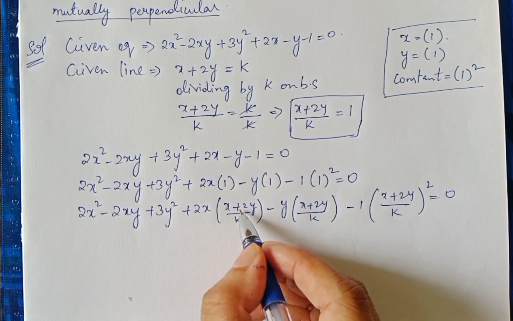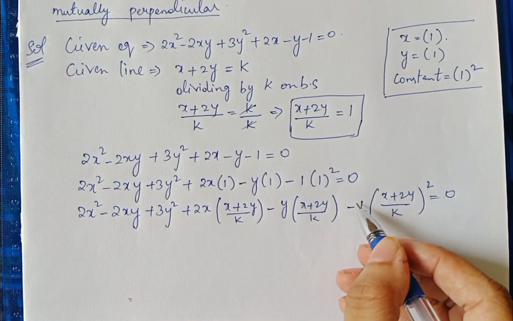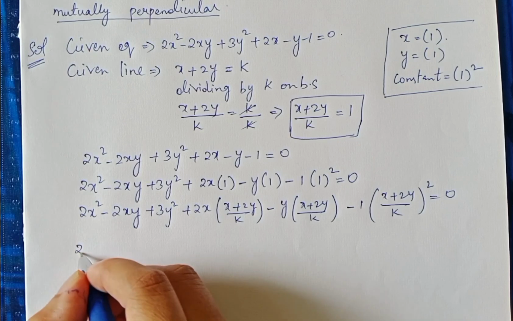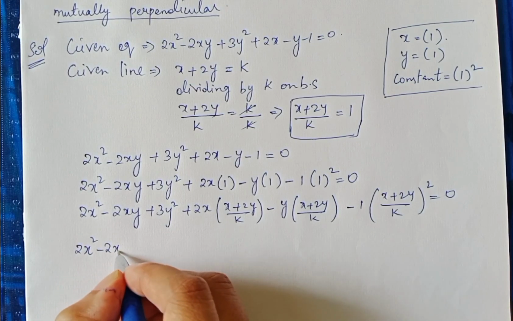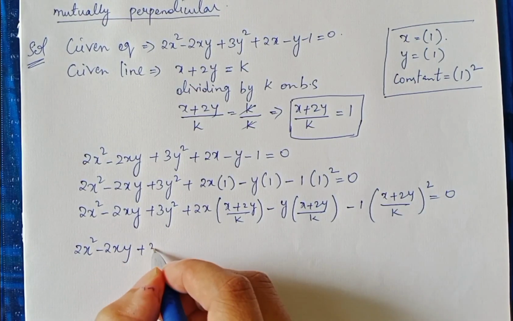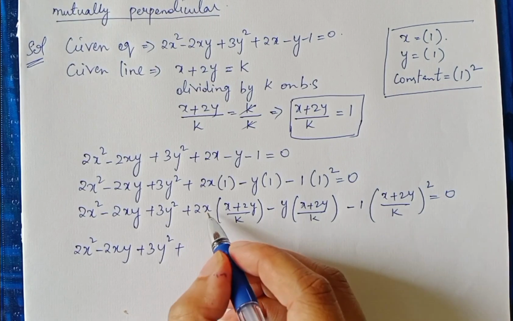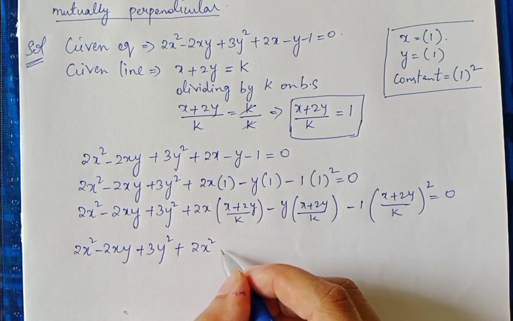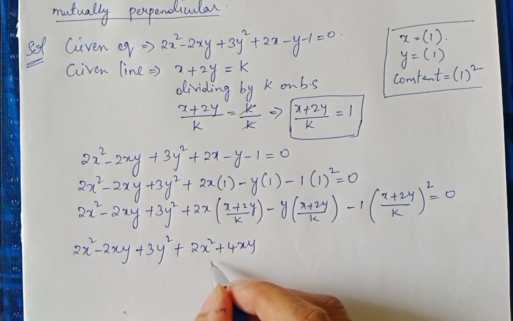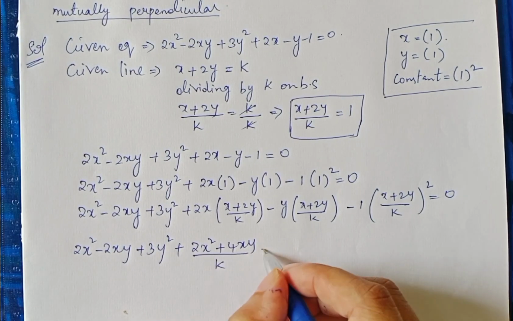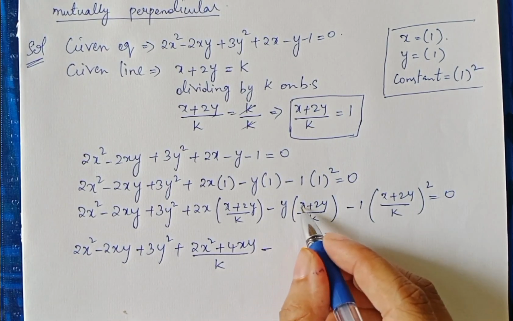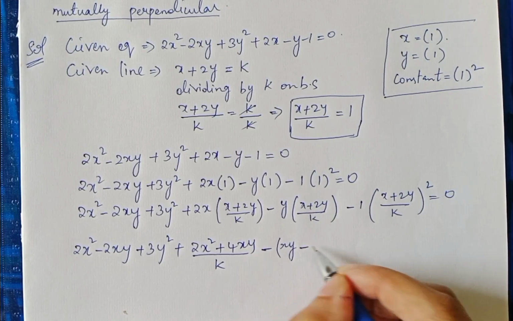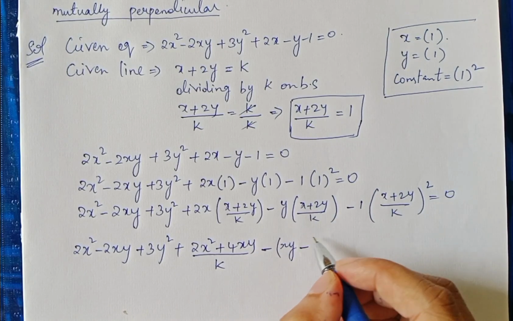Now multiplying this 2x inside and this y, and here we apply the formula of a plus b whole square. So it is 2x square minus 2xy plus 3y square plus 2x into x is 2x square, 2 into 2 is 4xy by k, minus x into y is xy, and plus into minus is minus.